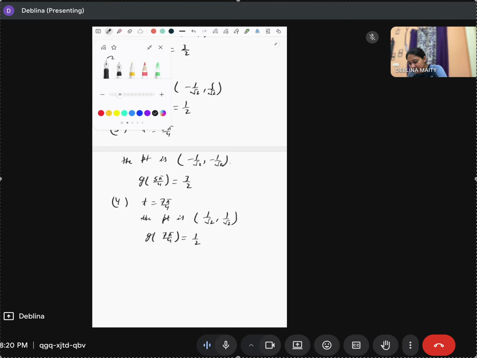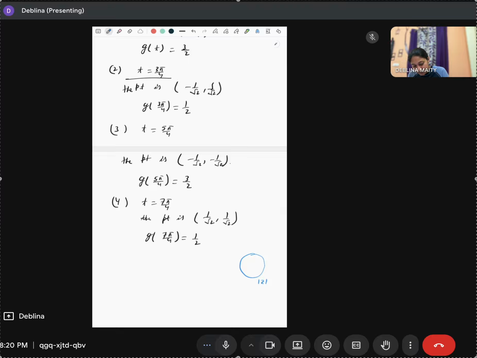So what we have done here is that, so this is the unit disk, this x square plus y square less than or equal to 1, right?